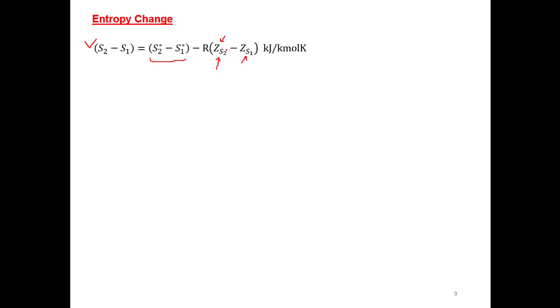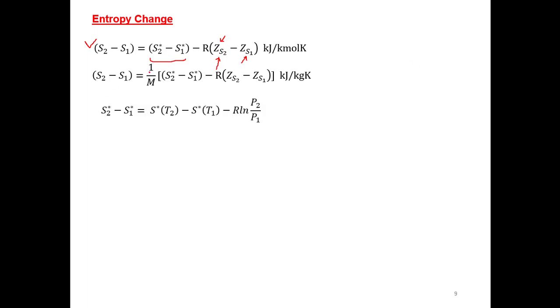So first, let's calculate for the ideal gas. For ideal gas, this is just to change the unit. If we divide with 1 by n, that will be kilojoule per kg per Kelvin, right? For the ideal gas, you have calculated in chapter 3 how to calculate the change in entropy of the ideal gas. That's equal to S star at state 2, the standard entropy at state 2, minus standard entropy at state 1, minus R ln P2 by P1.